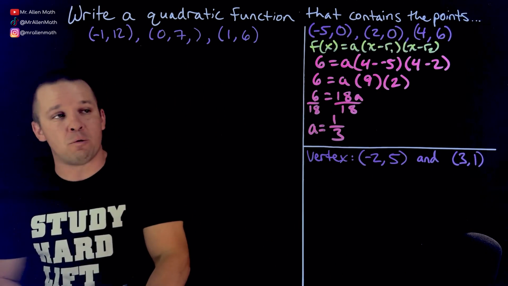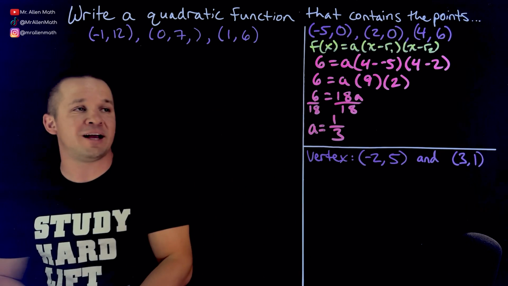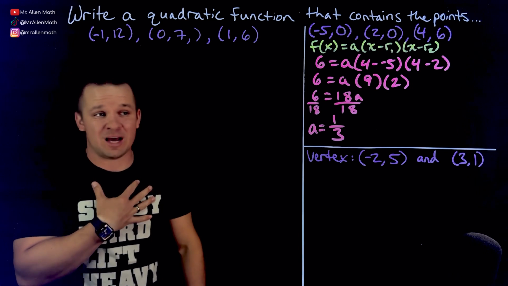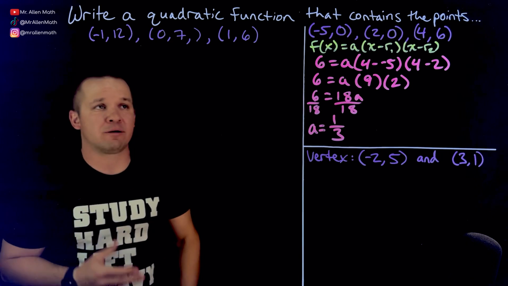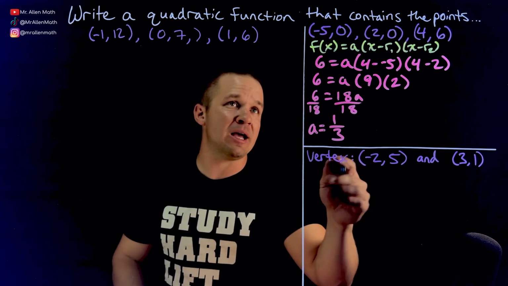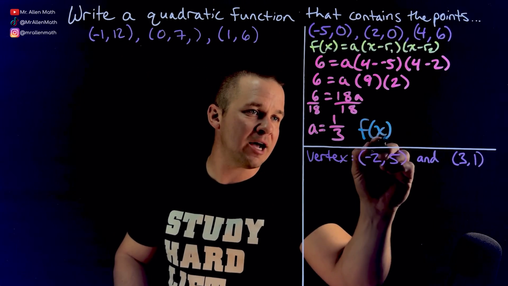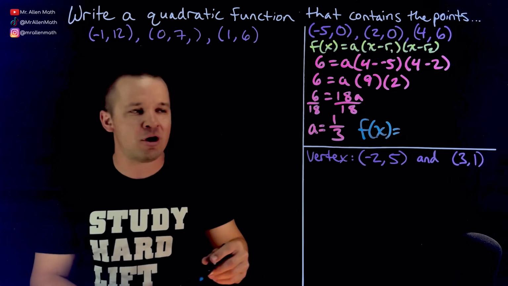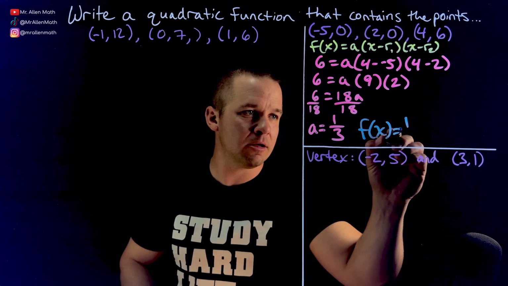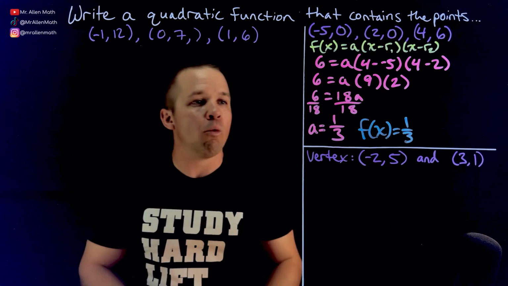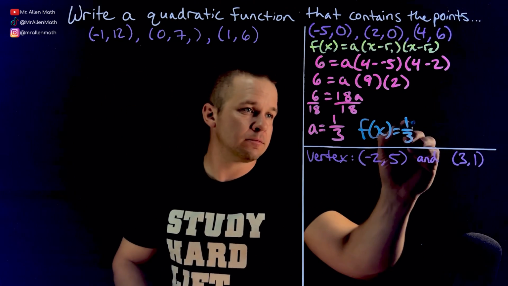You could do all that work and circle that as your final answer, and you will lose some points. I don't want that to happen to you. I got your back, okay? Our final answer needs to be a function, right? A quadratic function. So f of x or g of x or h of x, right? Anyways, 1/3 is my a value.